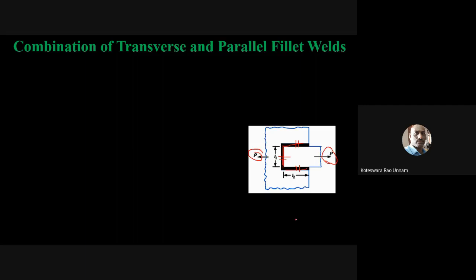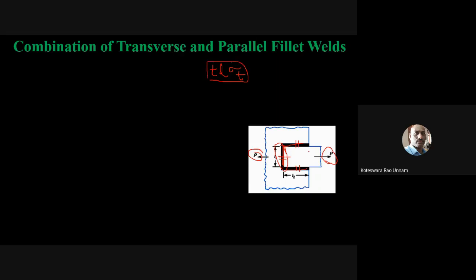Now how can I calculate the load carrying capacity of the transverse fillet weld? If I know the area of this transverse fillet weld, that is again T into L, the area of the weld, multiplied by the allowable stress. Here the transverse fillet weld is subjected to a normal tensile stress sigma T. So this is the load carrying capacity of this weld.